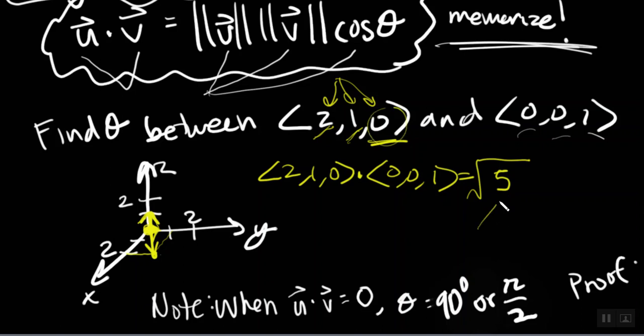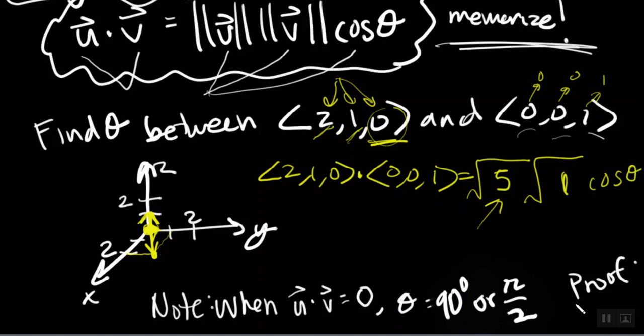So you're going to put that all under the radical. And we're going to find the norm of the second vector. In this case, we're going to put all the squares under a square root. So 0 squared is 0, 0 squared is 0, and 1 squared is 1. So 0 plus 1 is 1. And this is multiplied by cosine theta.